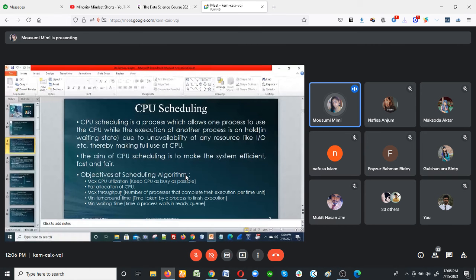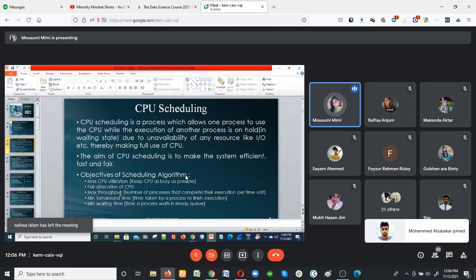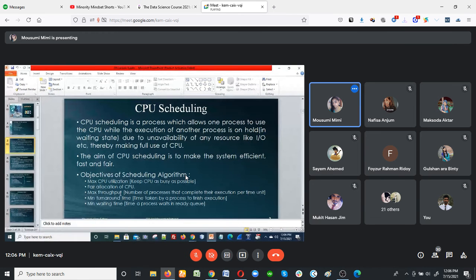For example, process A needs to complete its task within 2 seconds, process B within 6 seconds, process C within 7 seconds. Now process scheduling means how you work with the processes and how you make the schedule. That is called process scheduling.